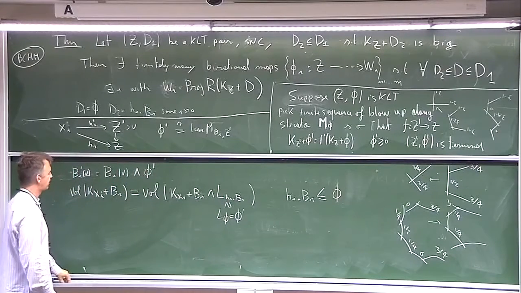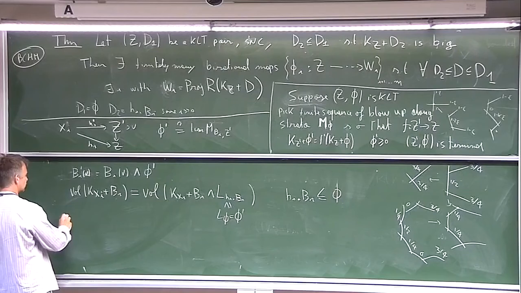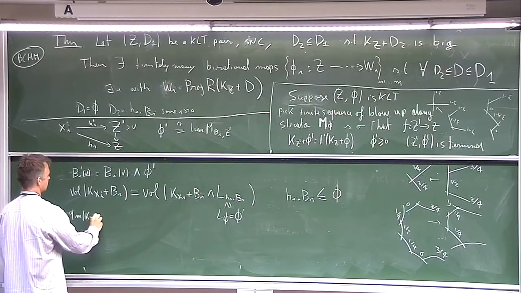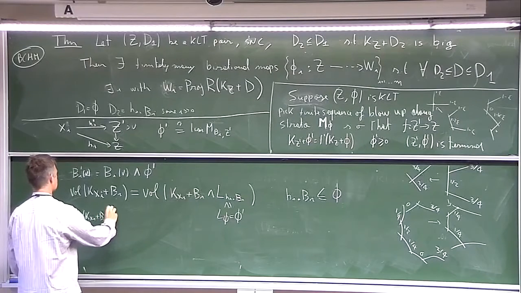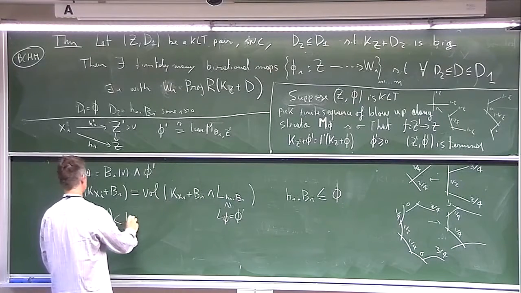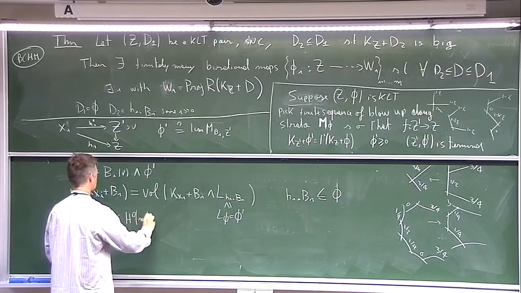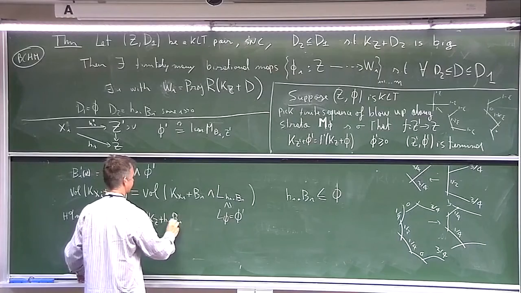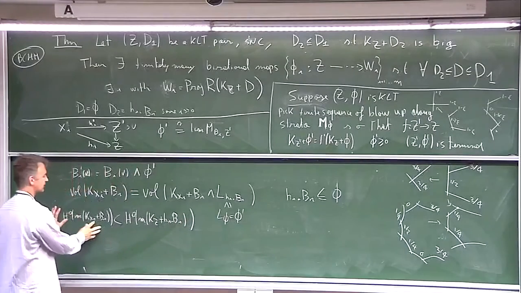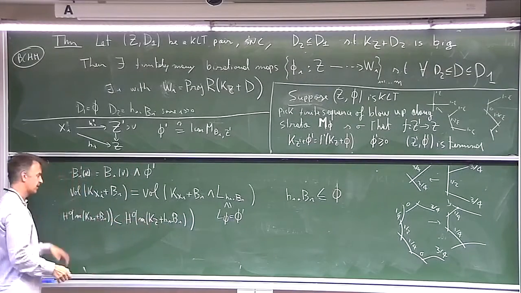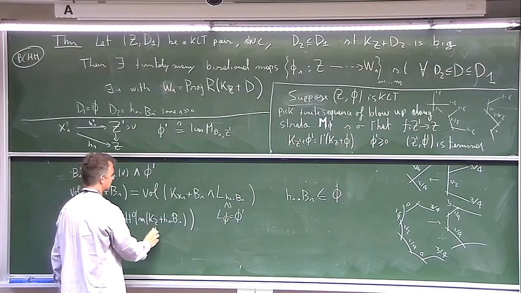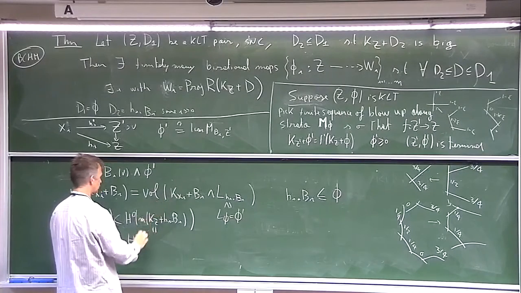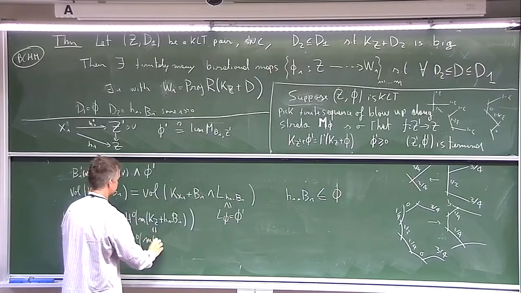Well, the point is that sections of any multiple of K_Xi plus b_i, I can think of them as naturally being included in sections of any multiple of K_Z plus the push forward of b_i. If I have a section in here, I push it forward, then I get a section in there. But now, by what we've done about 10 times, this is essentially by definition of L equal to these sections here.